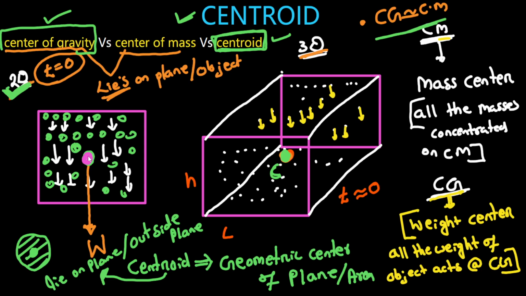So now I will calculate how to calculate the location of this center of gravity or centroid of a 3D object or a 2D object, okay. In the syllabus, our syllabus is restricted to 2D. We will be calculating the centroid or center of gravity of the 2D object, that is plane, okay. See, if you got this point, you can calculate the center of gravity of the 3D.